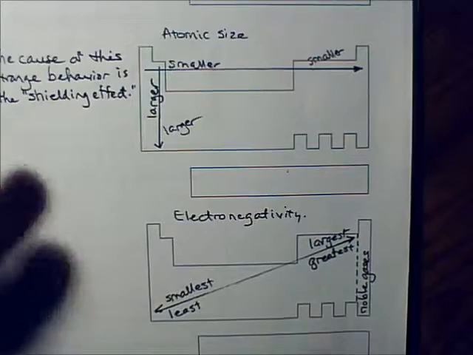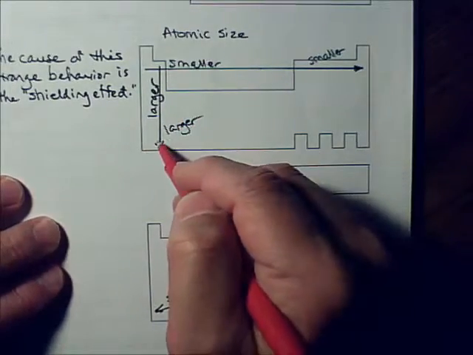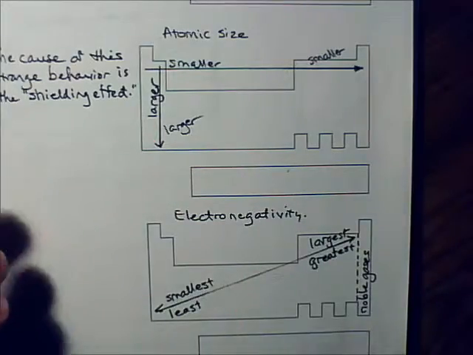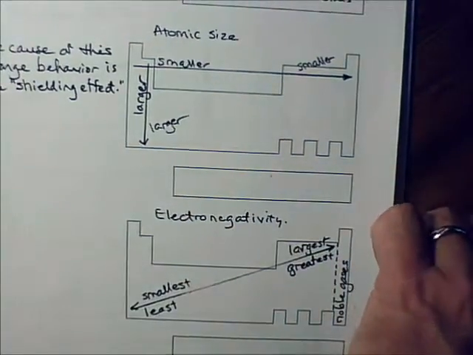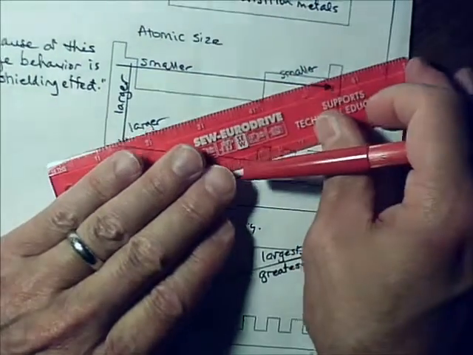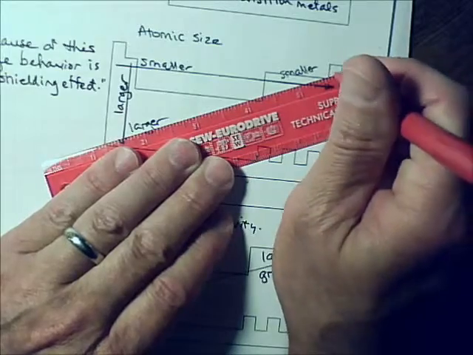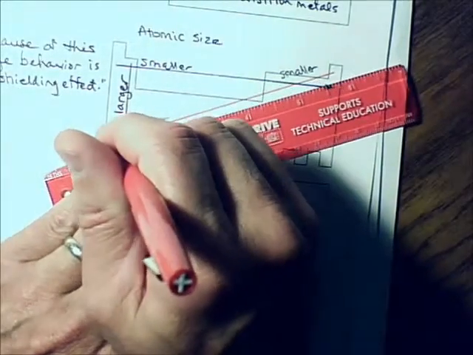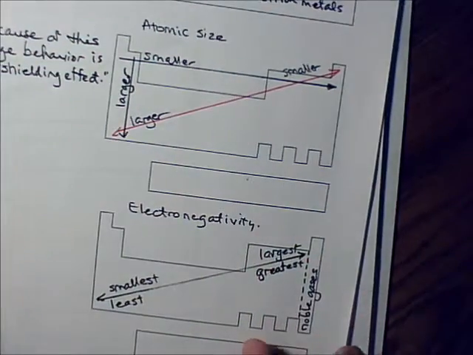And what's missing from this, apparently, is because when I made a photocopy of this, the line apparently didn't copy. That means that the largest atoms are in the lower left, the smallest ones in the upper right. So that's what that smaller and larger thing is all about. Okay?